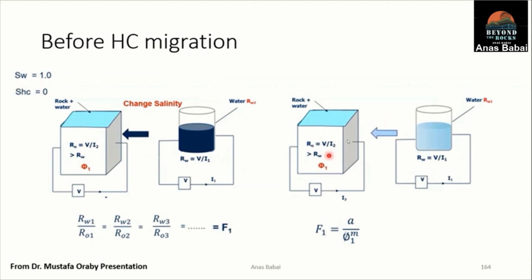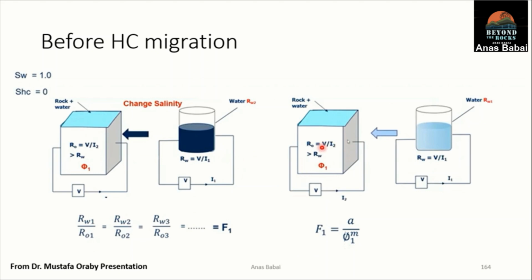So he saturated this rock with only water, and the porosity is phi 1, and he measured RW1 and R0, RW1 divided by R0. What he's trying to do is to figure out if there is a relation between RW and R0 or not.